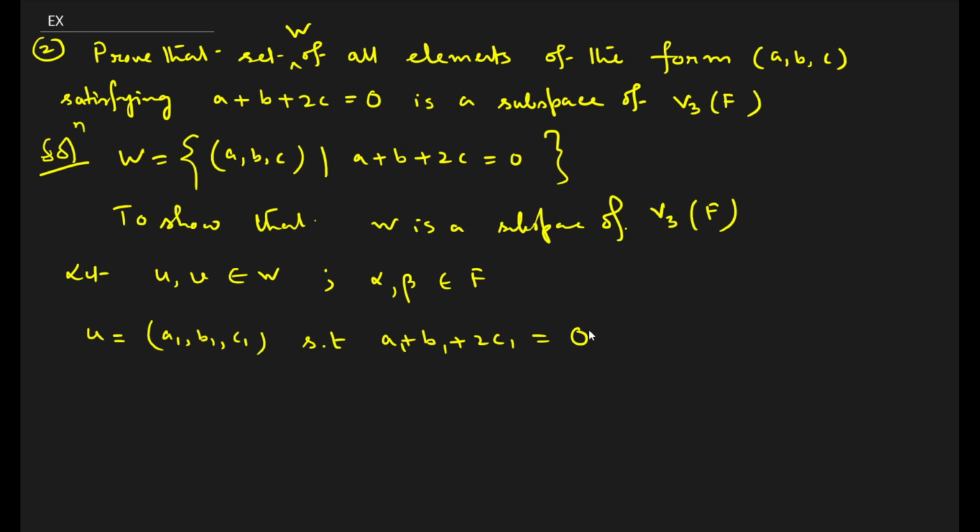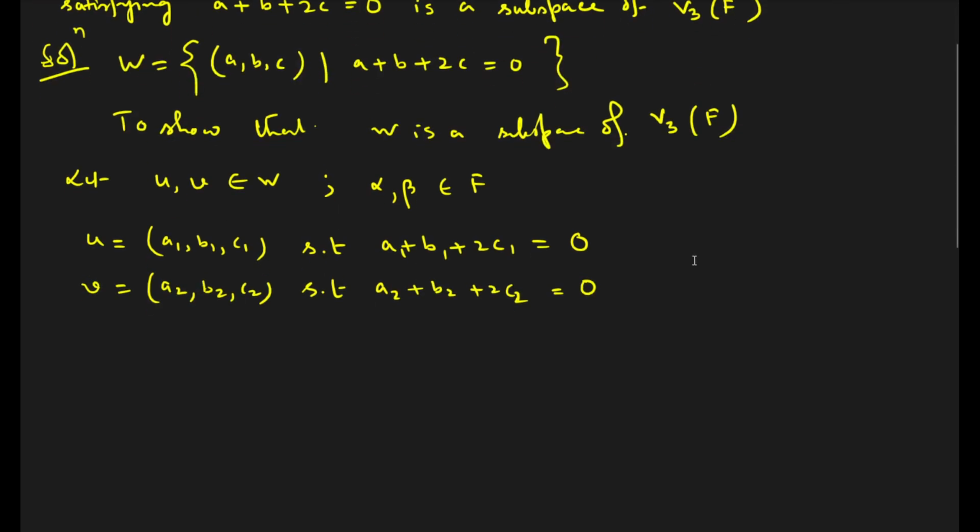Similarly, what is v? v equals, suppose, A2, B2, C2 such that A2 plus B2 plus twice C2 should be equal to 0. Now let us combine them. Alpha u plus beta v.